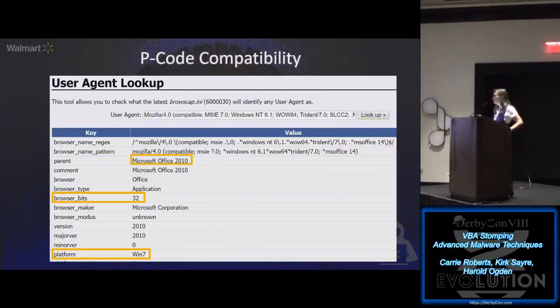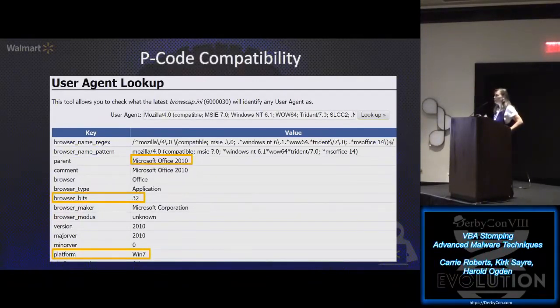The user agent string is a bit of text that's sent automatically by email clients and web browsers when information is fetched from the web. If we look up user agent strings, we can determine things like Office version and Windows version, which helps us target that victim specifically with the P code.